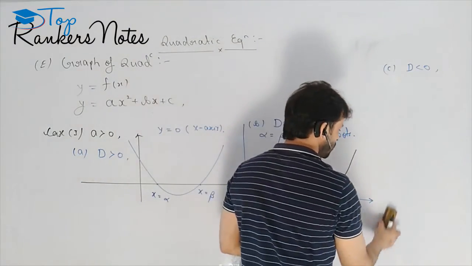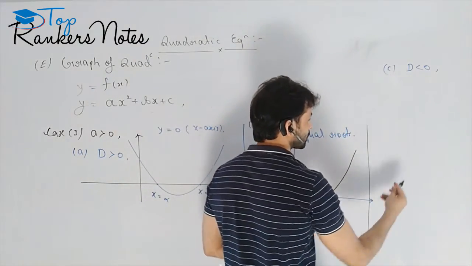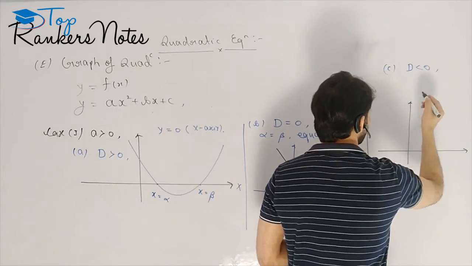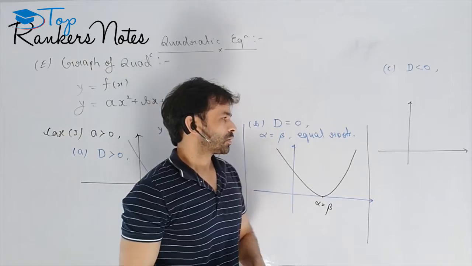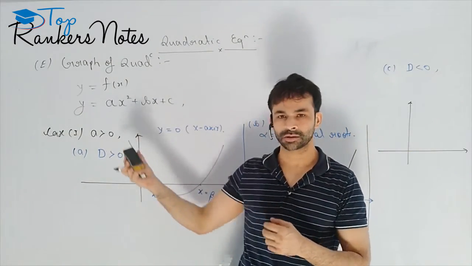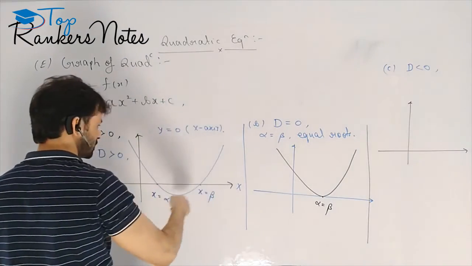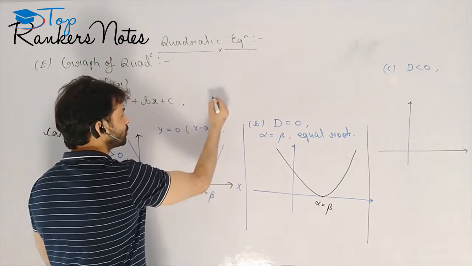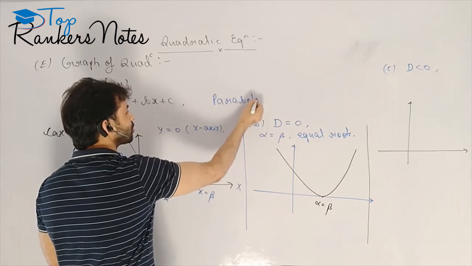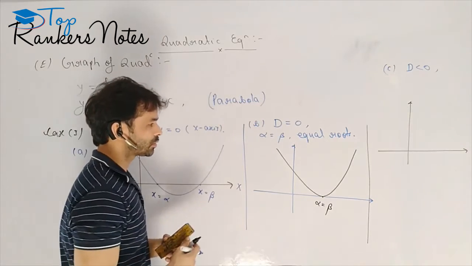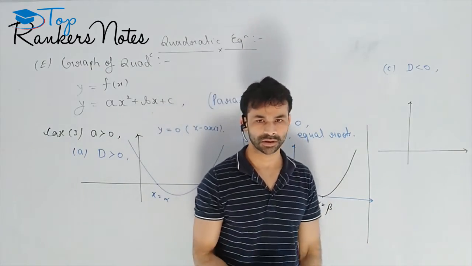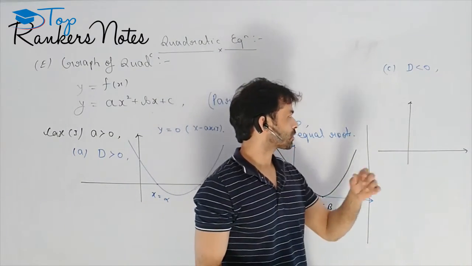So how will the graph be? This curve like this is called a parabola. This is called a parabolic curve. Just for your understanding, I am using the term.